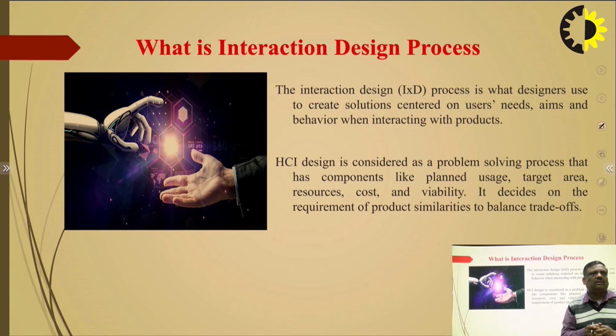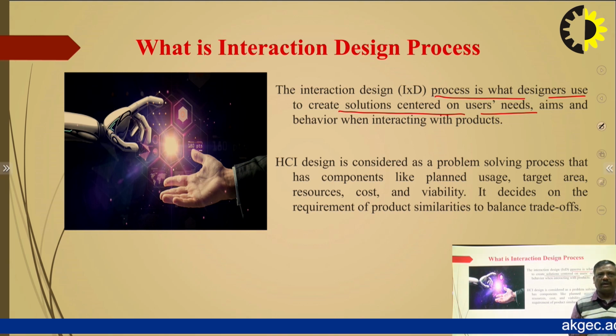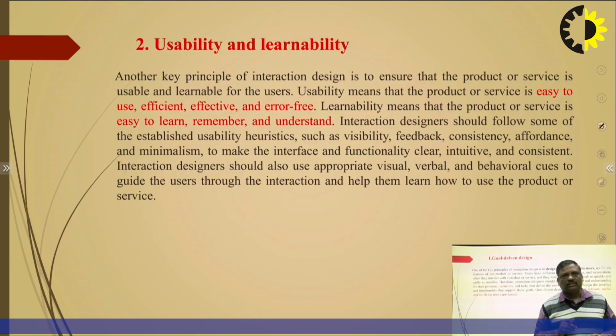This is known as the interaction design process. It is what the designer uses to create solutions centered on user need, that means we focus on all the user's requirements. It is a problem solving process where the designer selects the stages one by one. So this is all about the interaction design process.